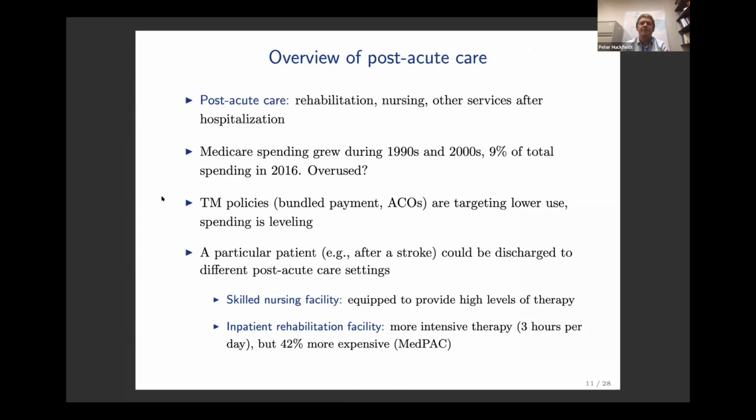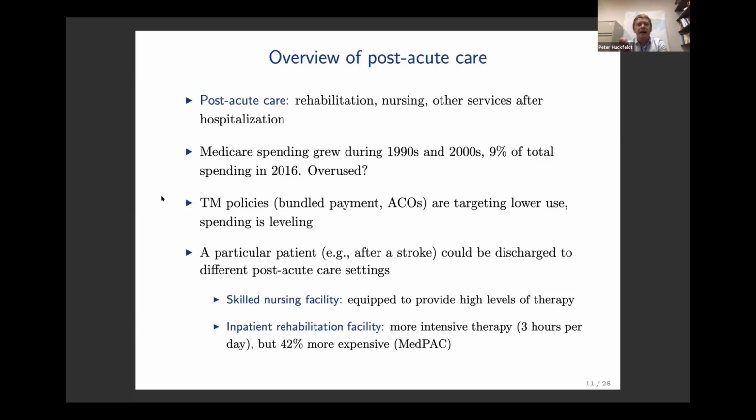So there's a sense that maybe it's being overused. Currently there are traditional Medicare policies that are targeting post-acute care, and spending has leveled off more recently. But that's just important context. There's a sense that this is sometimes being provided in ways that are not necessary.